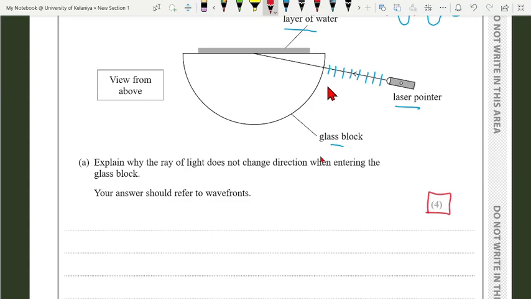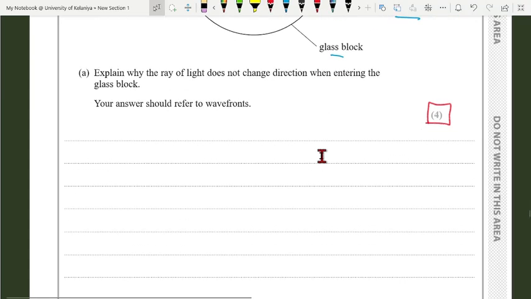The wave slows down when it is moving from air to glass, but the whole wavefront has the same speed. Keep in mind the wave slows down, but the whole wavefront travels the same distance in the same time because it has the same speed.